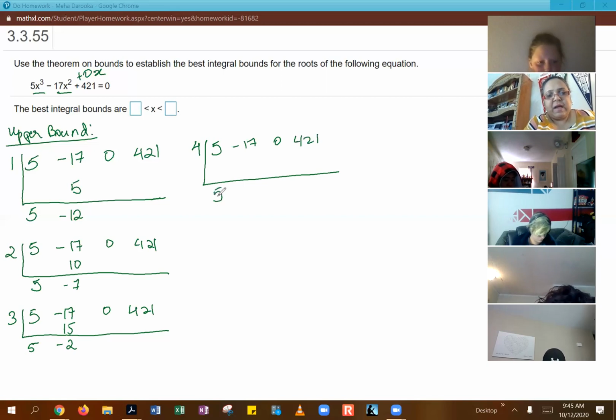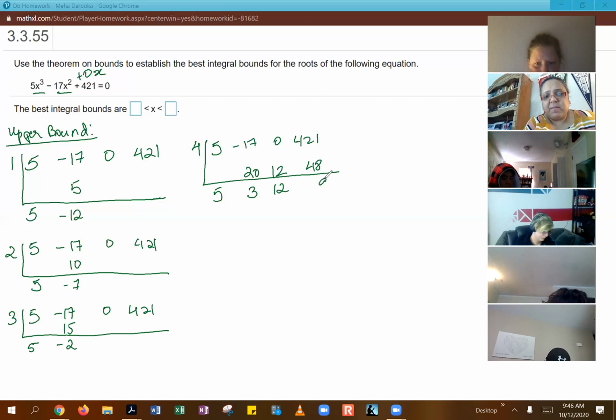That will be 5 times 4, which is 20. So that's good. It's a number larger than 17. So negative 17, plus 20 will give us 3. 3 times 4 is 12. 0 plus 12 will be 12. Of course, 4 times 12 is 48. And again, you can see we're not going to get any negative answers here.